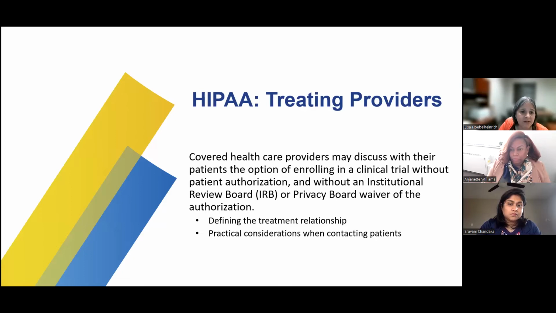It is permissible for healthcare providers in an entity covered by HIPAA to discuss with their own patients the option of enrolling in a trial or a study without patient authorization or without the need for IRB approval or a privacy board, if it's separate from the IRB. Now, having said that, for some of us, and that would apply to Frontiers partner institutions, some of our structures are complicated enough that whether there's a treatment relationship can sometimes be a nuanced conversation.